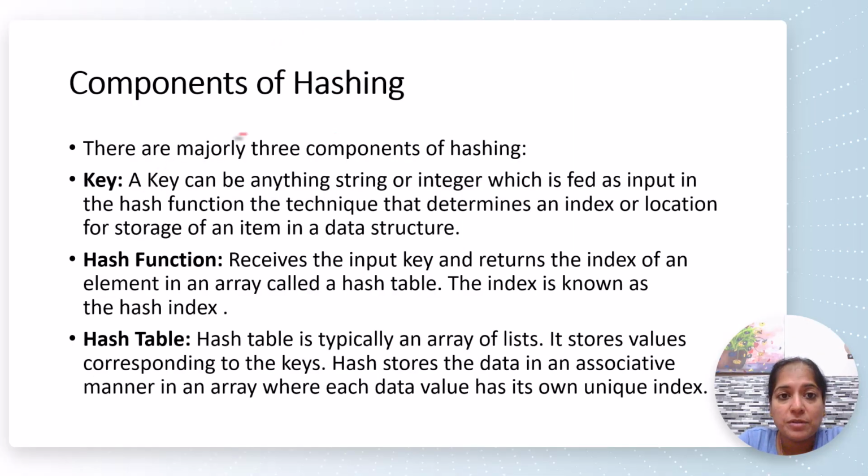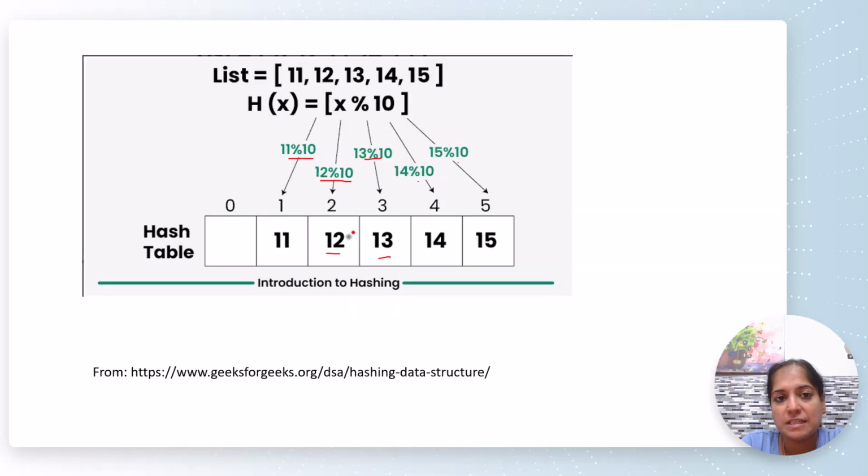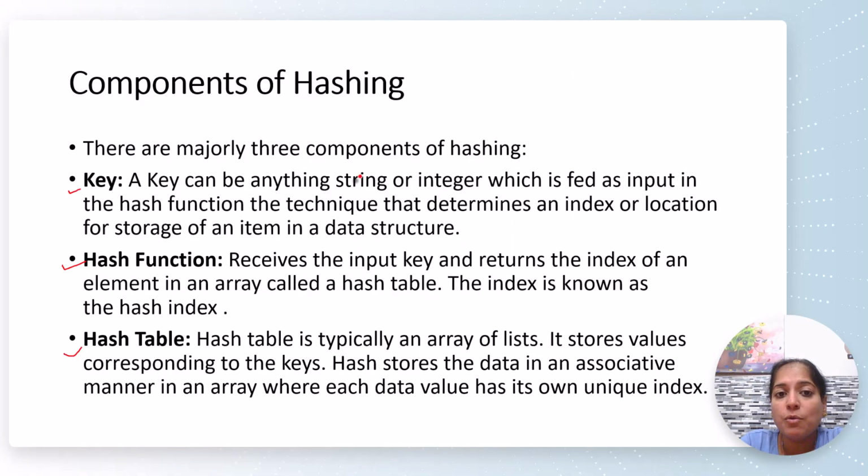If you see what the components of hashing are, what components we have used, there are basically three components whenever we implement hashing: key, hash function, and hash table. If we look at our previous example, this is the key, the value which we want to map in our hash table.